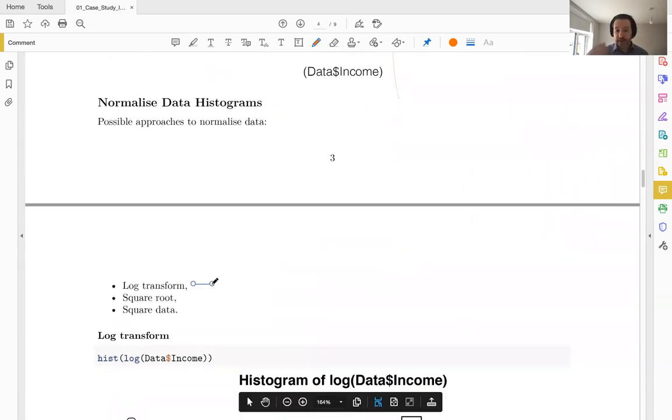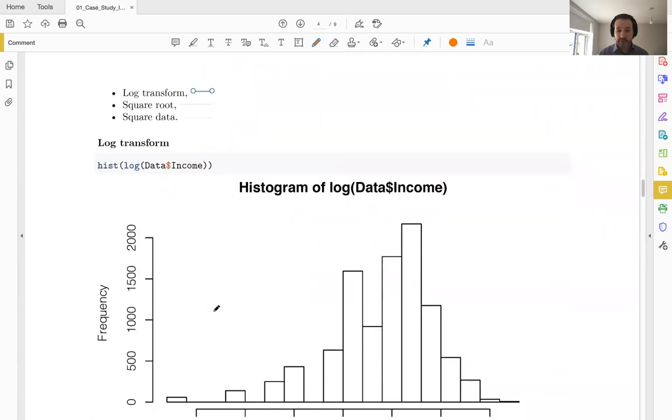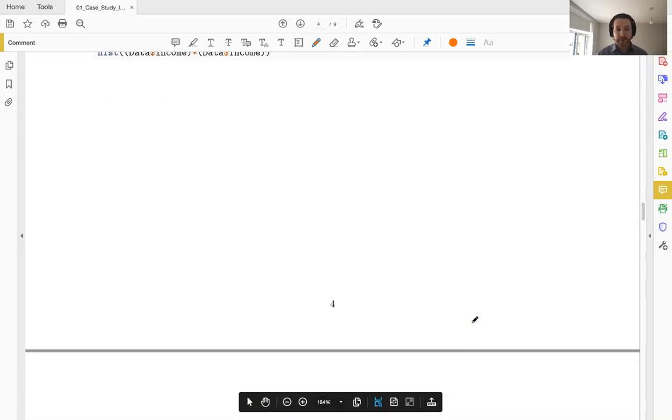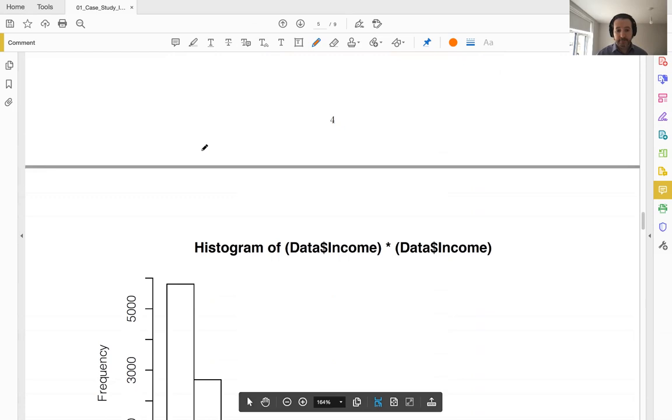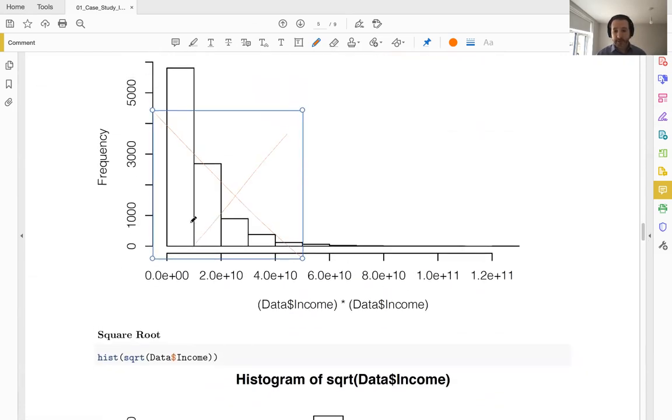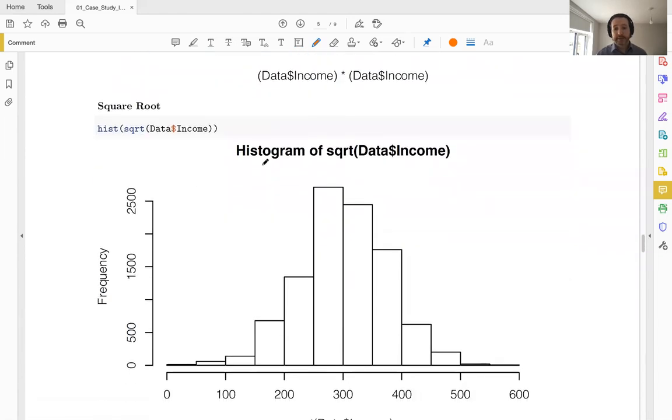So there are different transformations. The classic ones are to take the log of the data, the square root of the data, or you square the data. Here, I'm just going to take the log of the data. It didn't help. So then I do the square of the data. That really didn't help. And then the last thing is I do the square root of the data. Now, what should I use?